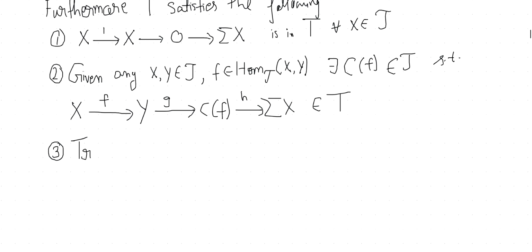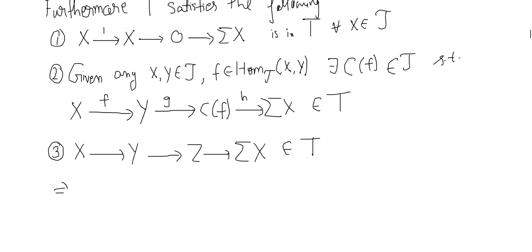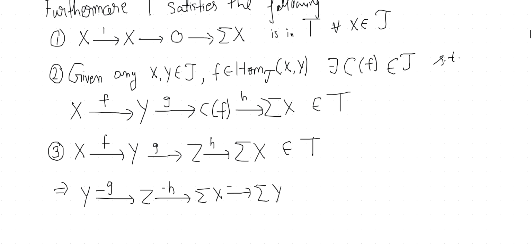So just write the property: if this is in T, so here you have G H, then this implies that this is also in T. And there is a little bit of thing, the signs change due to some reason which becomes clear when one considers examples.